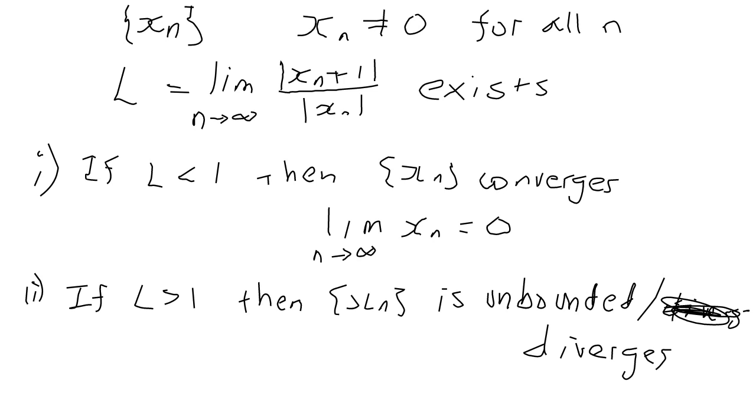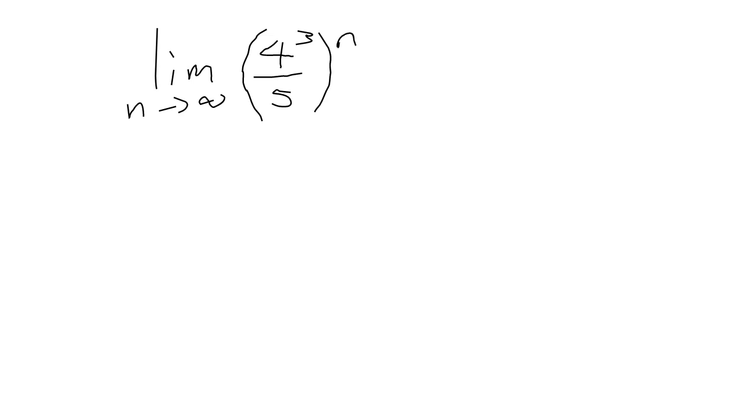I won't tell you which one it is. Let me just give you an easy one to see if you can figure it out. Let's try this one. What do you think is the limit as n tends to infinity of 4 to the n power over 5 to the n power? What do you think is the limit for that?